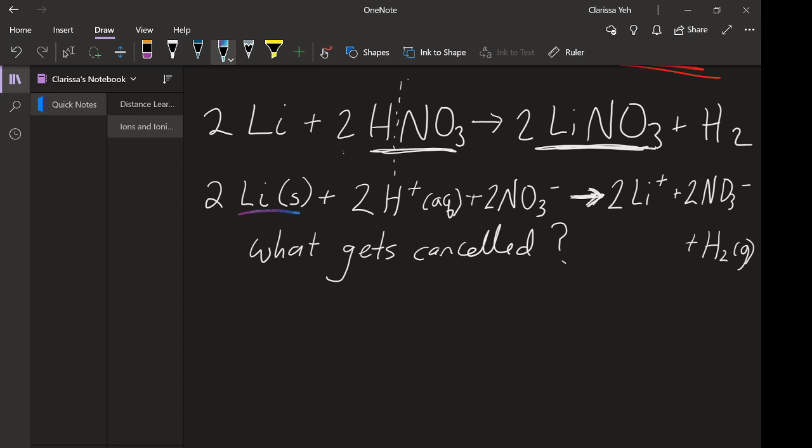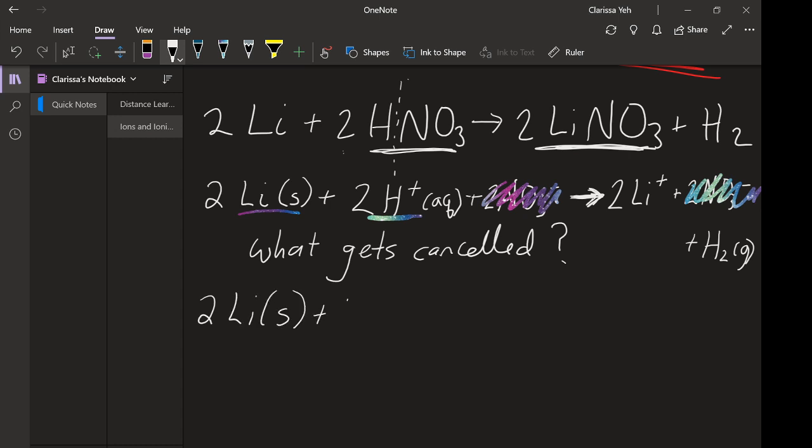Well, there's no duplicate on the other side, so that's not getting cancelled. Looking for an H+, none on the other side, that's not getting cancelled. My NO3-, yeah, I see an NO3- on the other side, so that's going to be the one that gets cancelled.